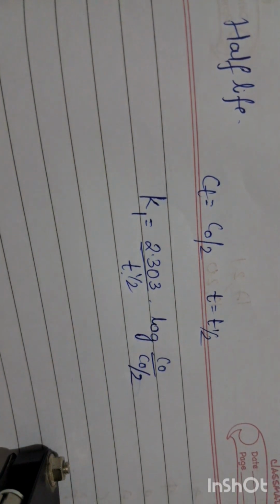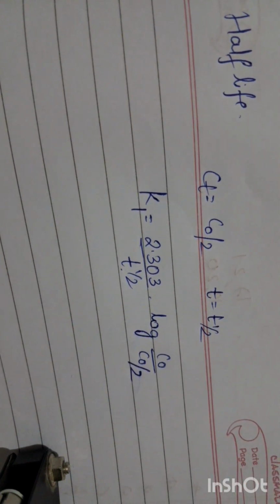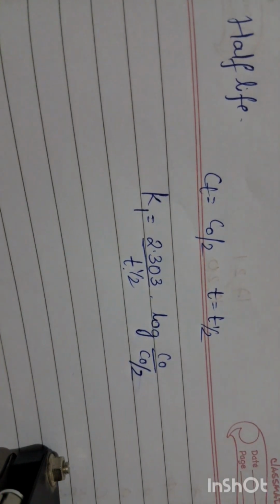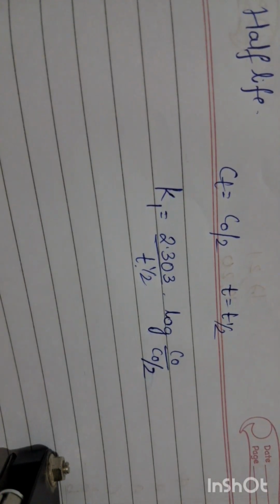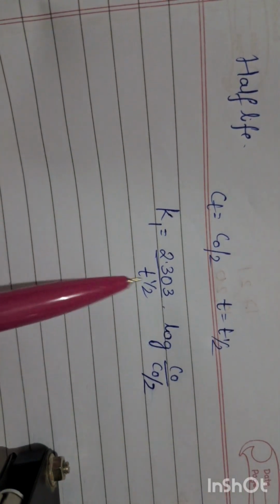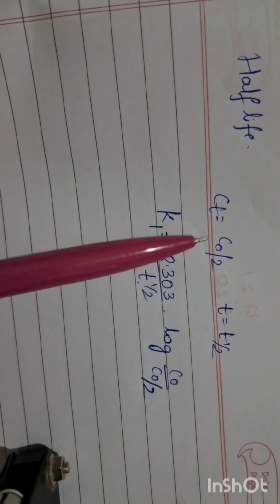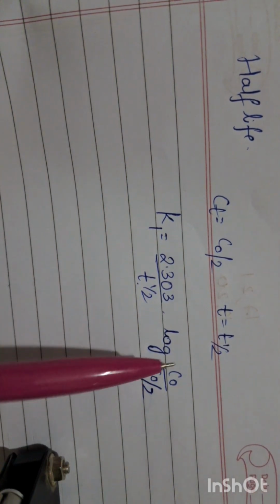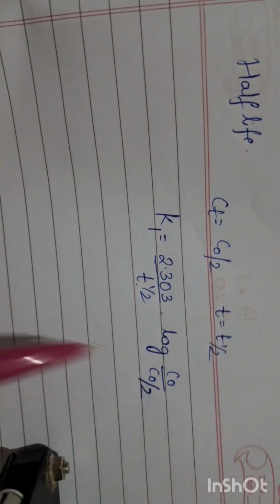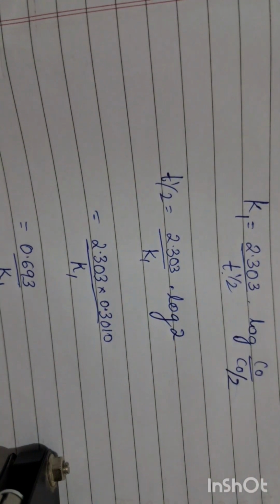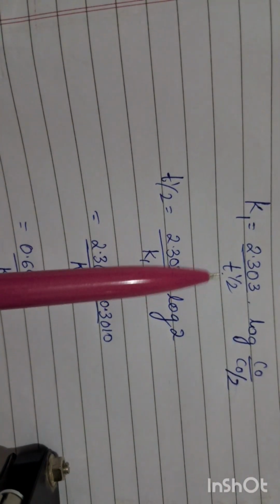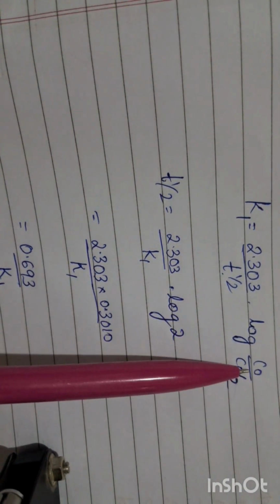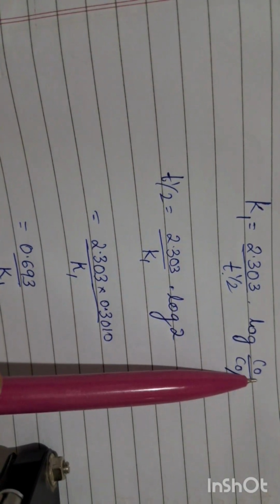When we place those values in the equation K1 is equal to 2.303 by T into log C0 by Ct, it becomes 2.303 by T half into log C0 by C0 by 2. Here C0 cancels and 2 comes up.